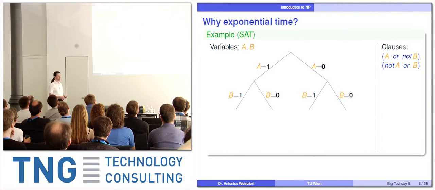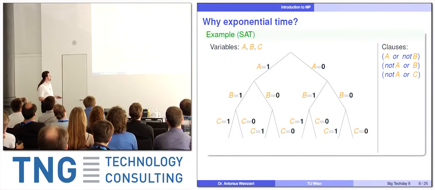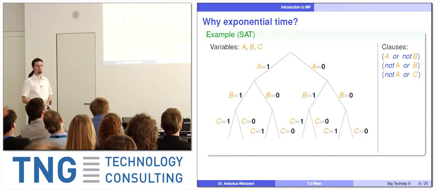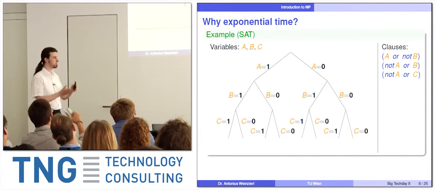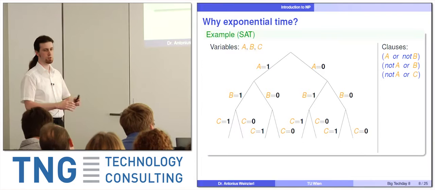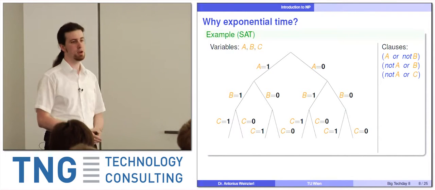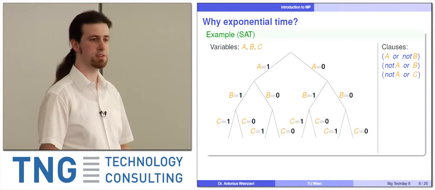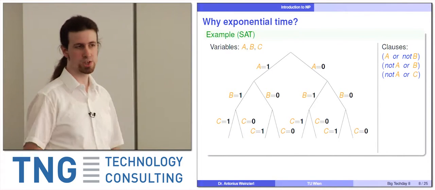So this is for two variables. If we now add another clause which contains c, then for each of the previous cases we get the possibility that c is true or false. So we have a binary tree, and a binary tree has exponentially many leaves with respect to its height. This is where the exponentiality comes from.